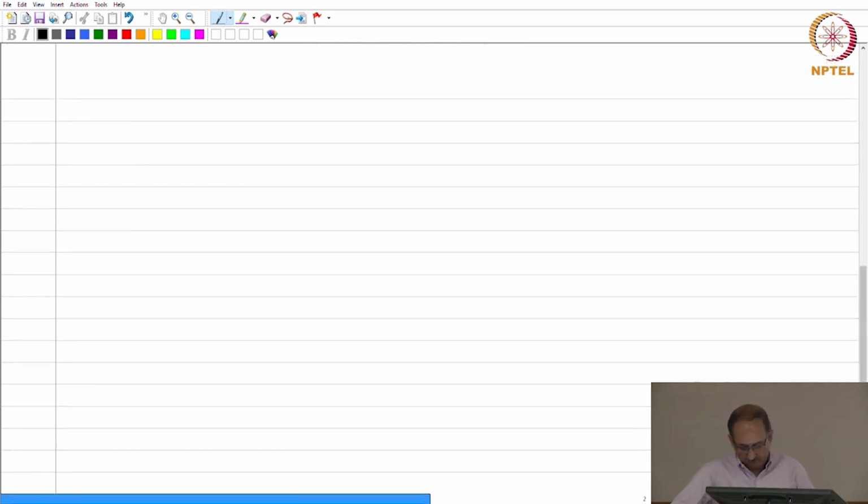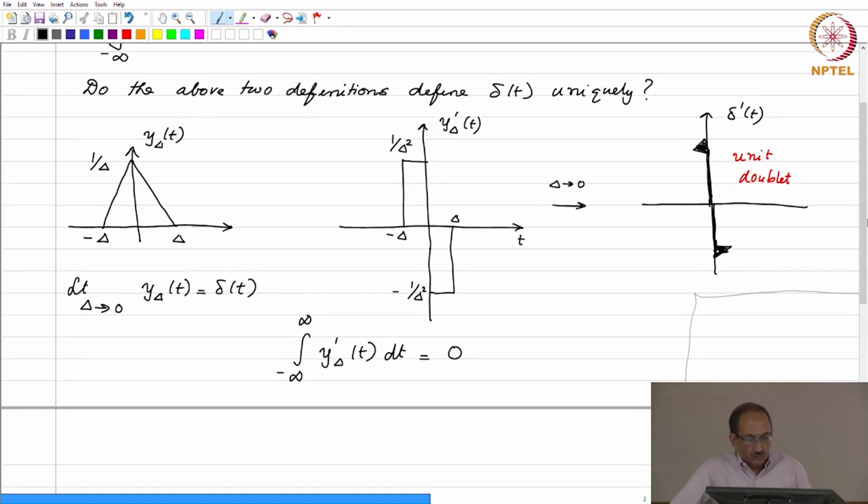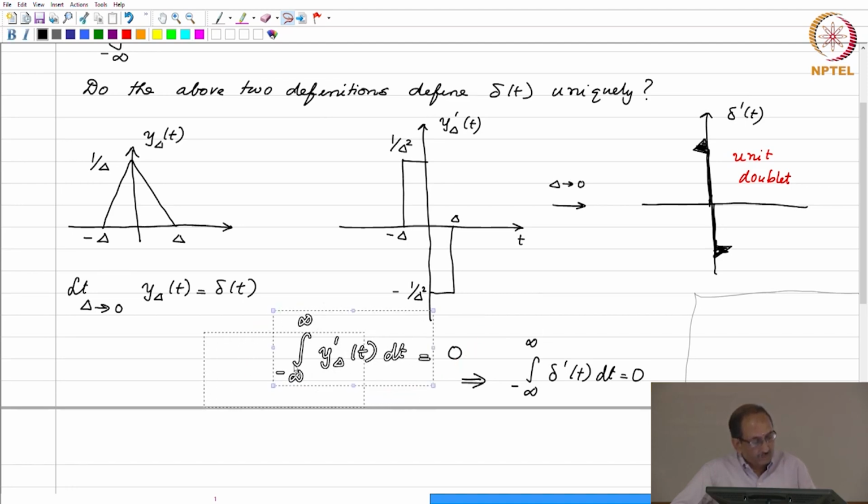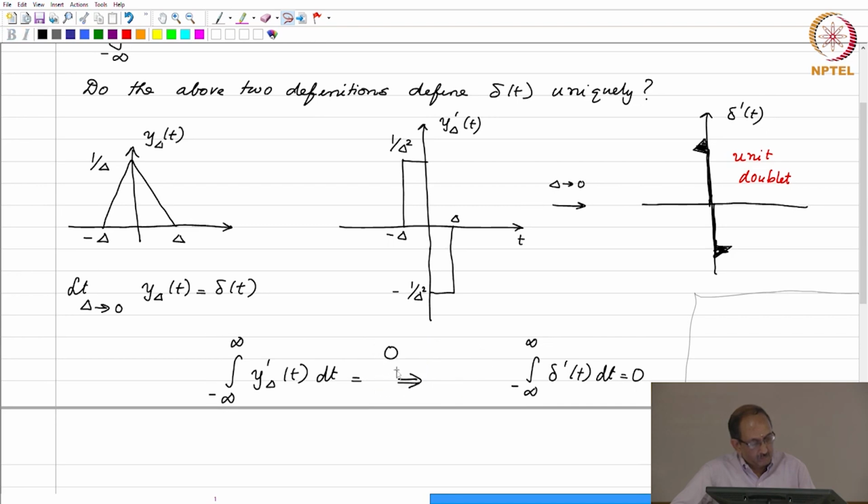And so this seems to imply that the integral of delta dash of t is also 0, based on the limiting ideas we have been used to in this context before. So at least this seems to suggest this.